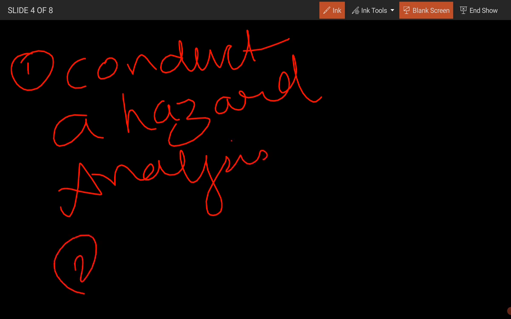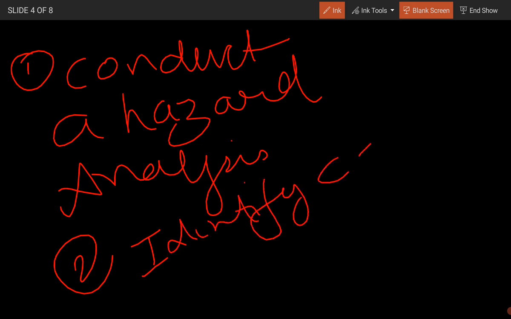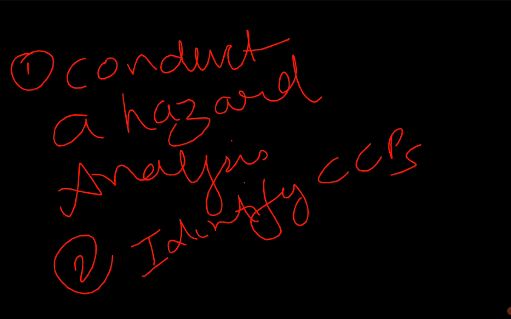Then second is identify CCPs, right? Then comes establish a critical limit, then establish monitoring procedures, then establish corrective actions, then establish verification procedures, and the seventh is establish record keeping procedures. So these are the 7 steps on which HACCP works.